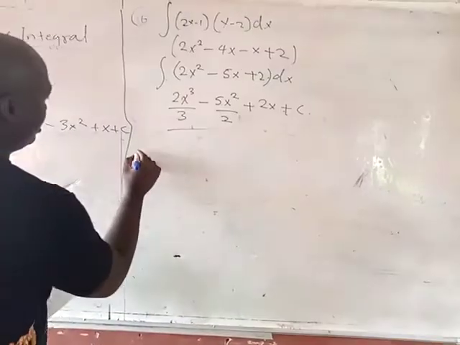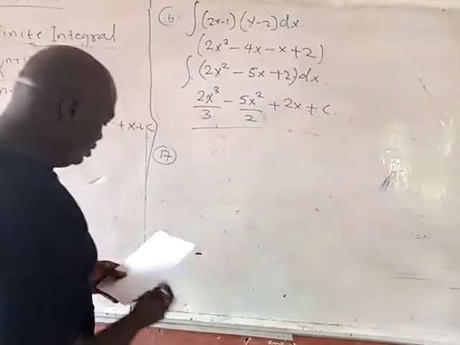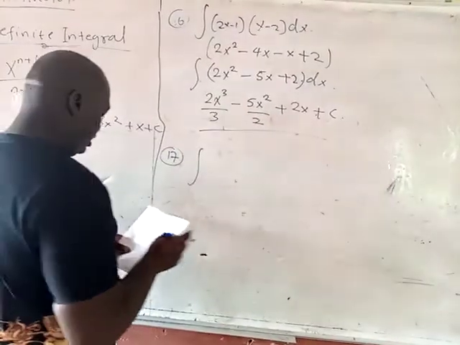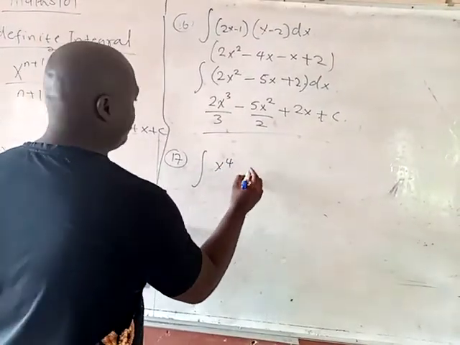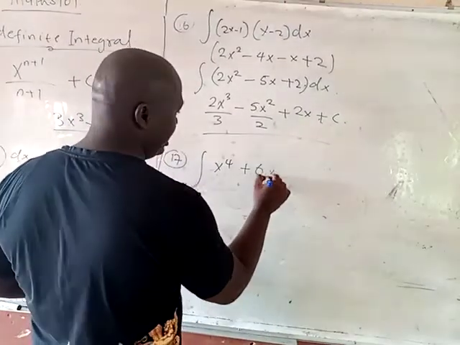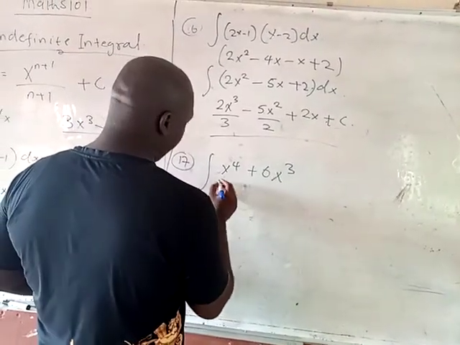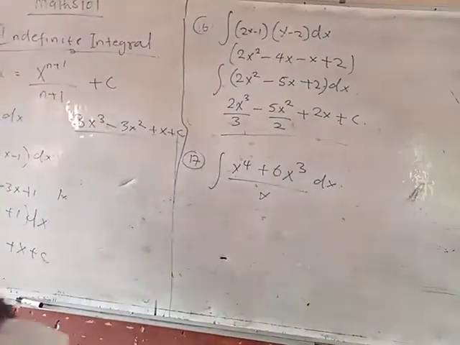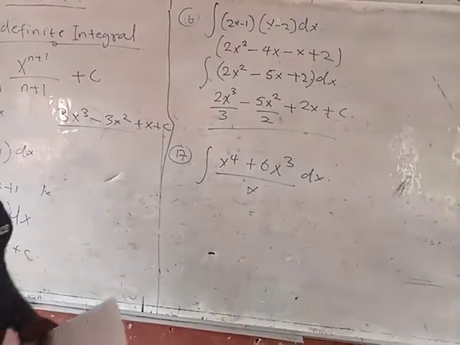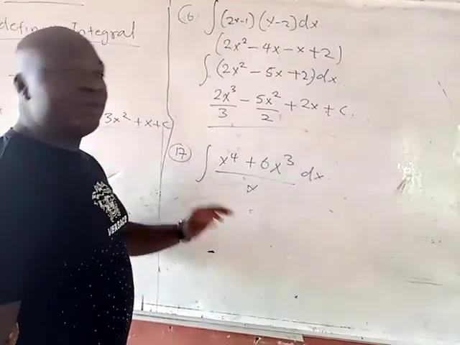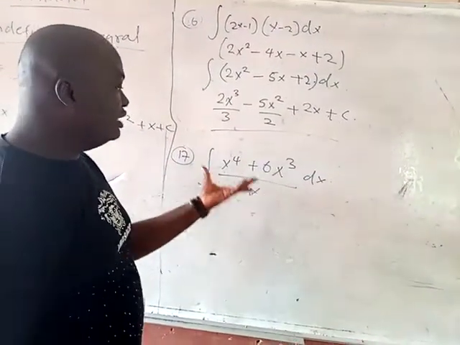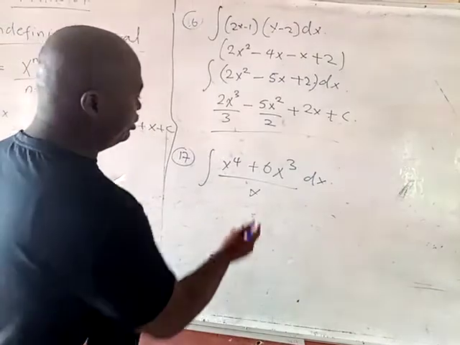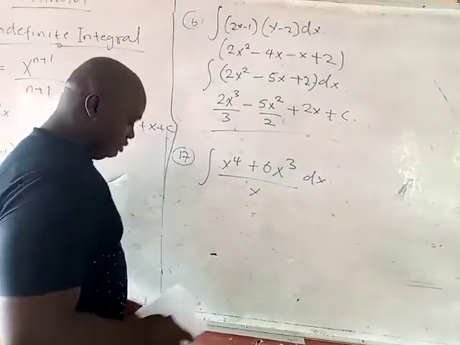Good. What if, on example number 17, you have the integral of x raised to the power of 4 plus 6x raised to the power of 3 divided by x dx? How are you going to solve this problem? It's very simple. Whenever you have a single denominator and you have it arranged like this, all you have to do is what?